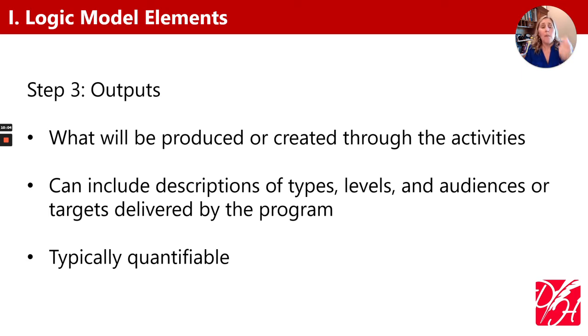So these are the numbers that we're counting, the number of hot meals we provided, the number of caregiver education sessions that we offered, the number of outreach classes that we held. What can we count? Who did we serve? How many of those individuals did we serve?